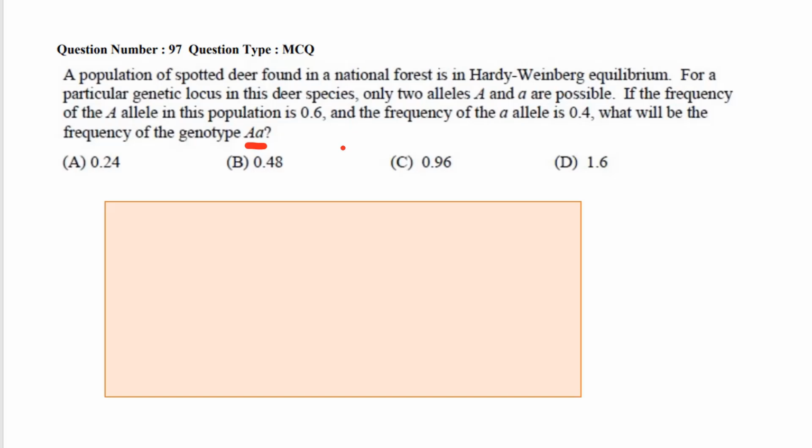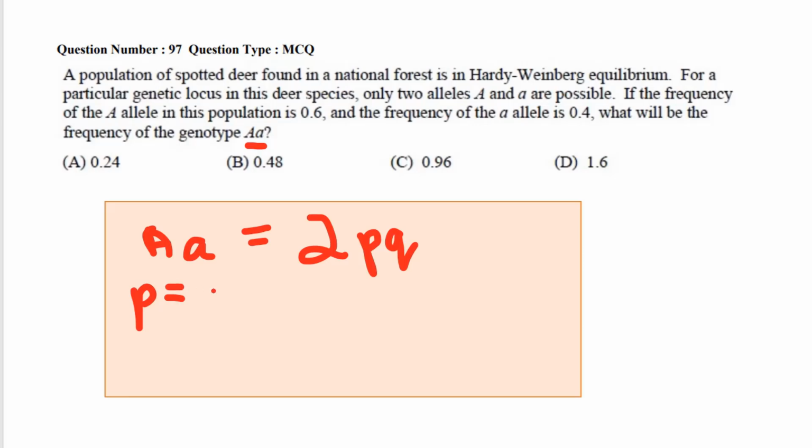So we have to calculate the frequency of genotype capital A small a, and we know that that is equal to 2 into P into Q. Now P here is the capital A allele frequency, that is 0.6. Q is the small a allele frequency, that is 0.4.